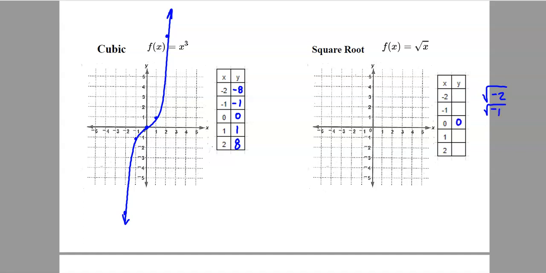Square root of 0 is just 0, so we get that point. The square root of 1 is 1, so I got a point here. The square root of 2 is going to be a decimal, and I'll punch this into my calculator here. So square root of 2 is about 1.4.